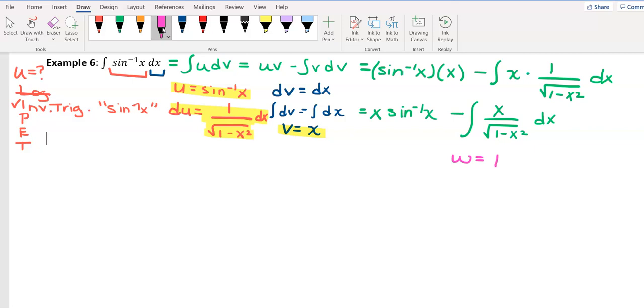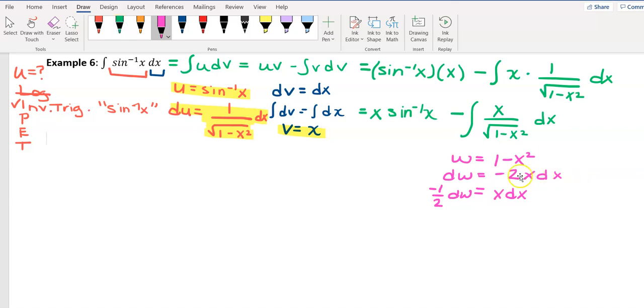So I'm going to write that as w equals 1 minus x squared, dw, the derivative of that would be negative 2x dx. And if you notice, we have an x in the integral by itself. We have the dx there. So really we need to solve for x dx, and just move over that negative 2 through division. So negative 1/2 dw is equal to our x dx.